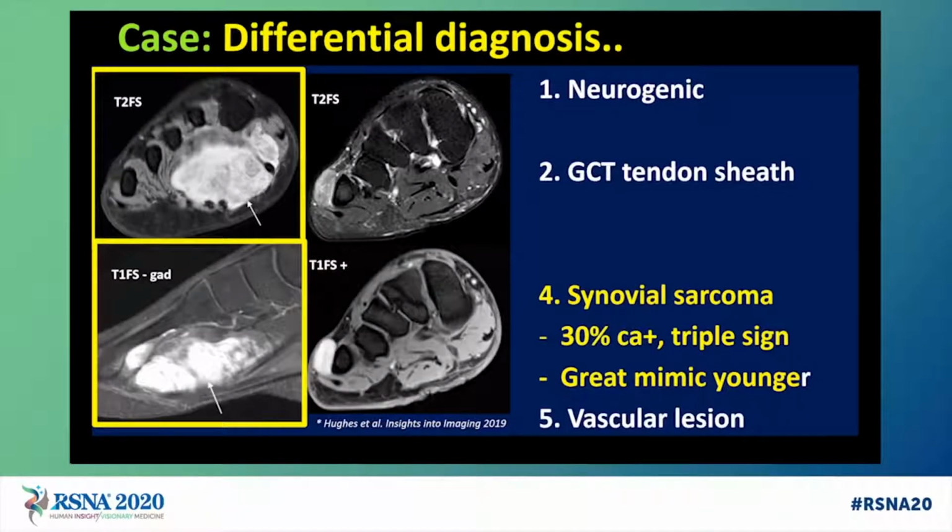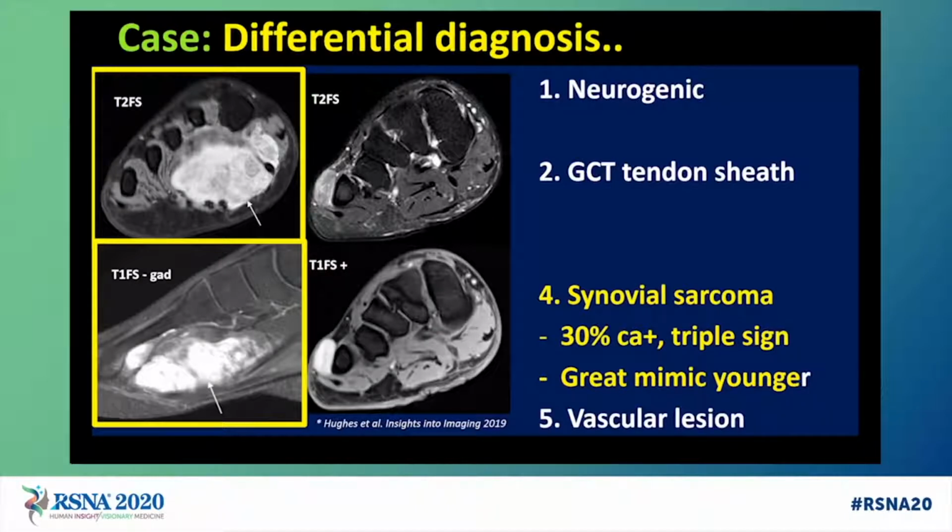The image on your left, T2 fat saturated sequence, demonstrates increased signal lobular soft tissue mass within the deep soft tissues in the muscle surrounding and extending around the tendons, which are seen as low signal structures.